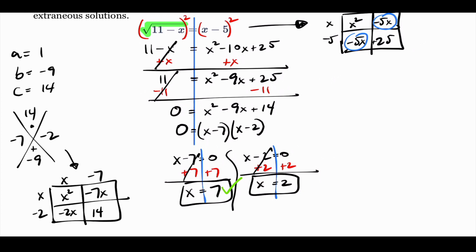So 2 is what we call an extraneous answer. So it's an answer, but we don't count it, we don't put it in Delta Math, because Delta Math only wants the non-extraneous. So we'd say 2 is an extraneous solution.